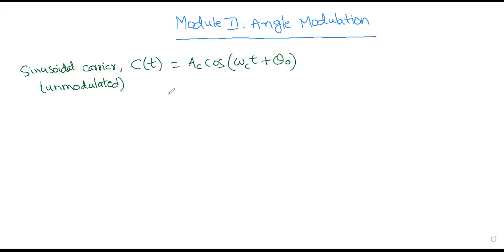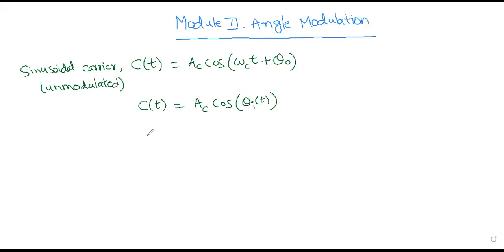Here we have A_c and omega_c t. A_c is the amplitude. So maybe I'll write this as c(t) equals A_c cos of some theta_i(t).